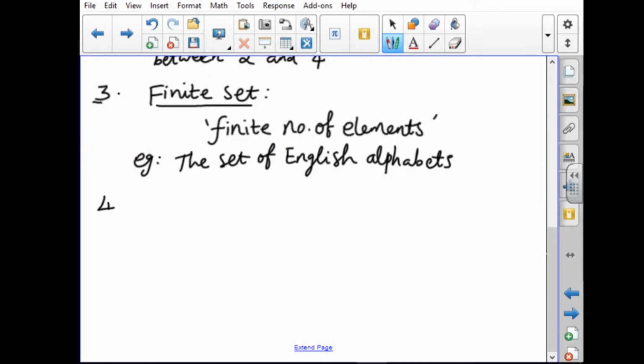Then fourth type, infinite set. A set which is not finite is called an infinite set. That means the set has uncountable elements. Infinite set means not a finite set.